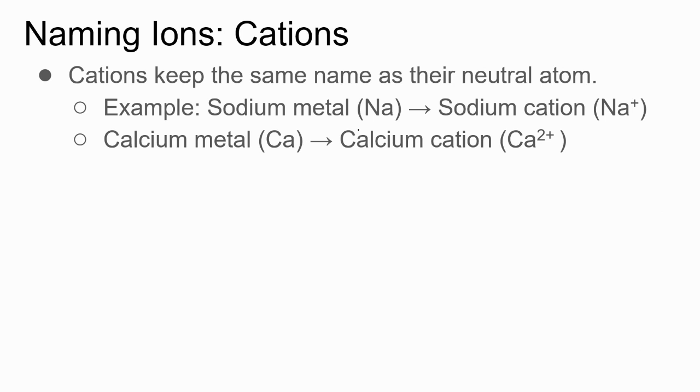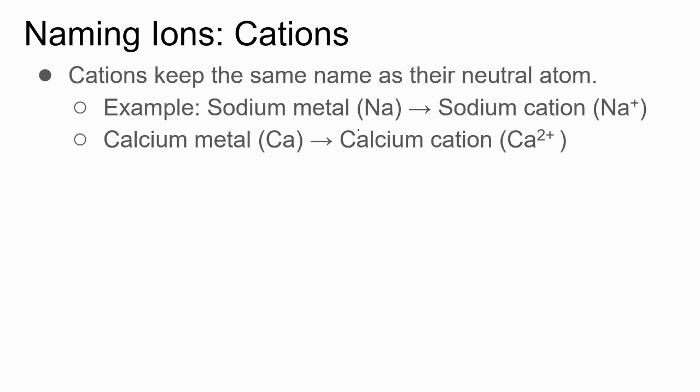Okay, so now we need to know how to name these things. If we were naming ions, we need to name the cation part and the anion part. The cation part is really easy because it keeps the same name. If we start with sodium metal and change it to a cation, we just call it sodium.